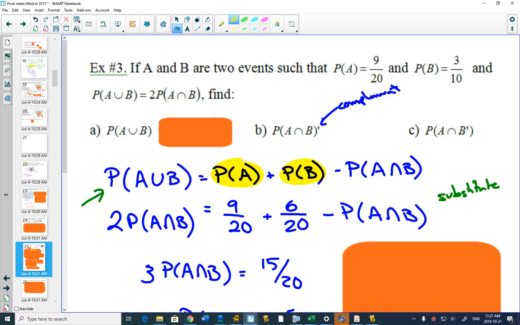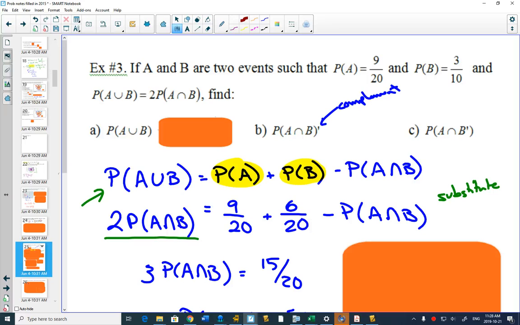In this case, I have two things I don't know in this first line. But I can solve for that by substituting in that I know probability of A or B is equal to 2 times the probability of A and B. And now that second line is an equation with just one unknown.